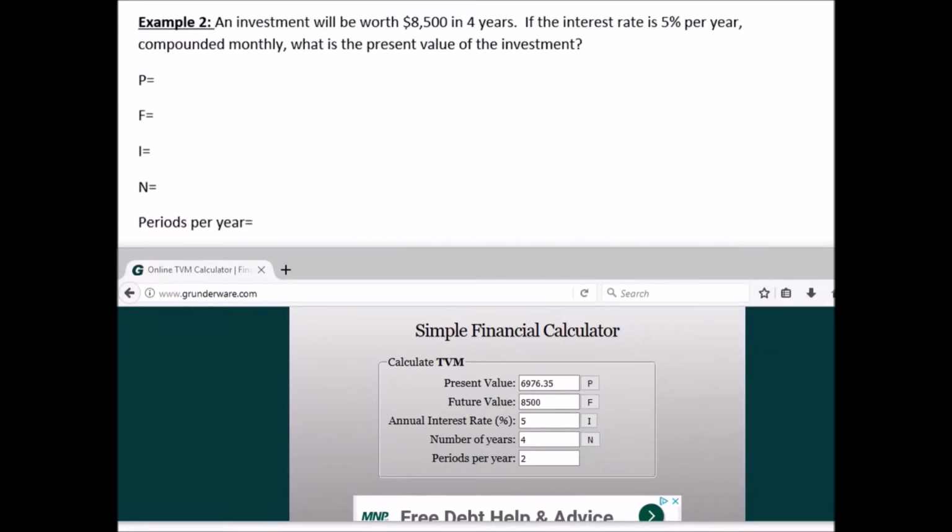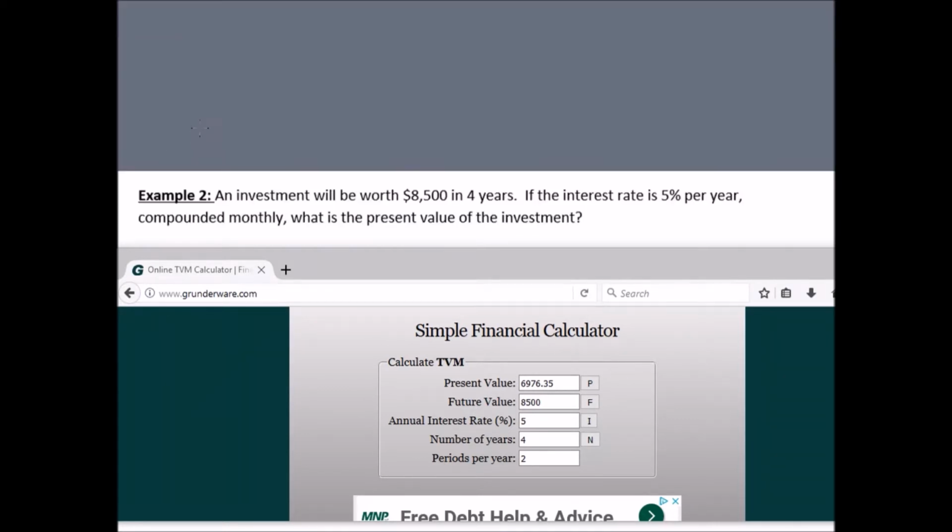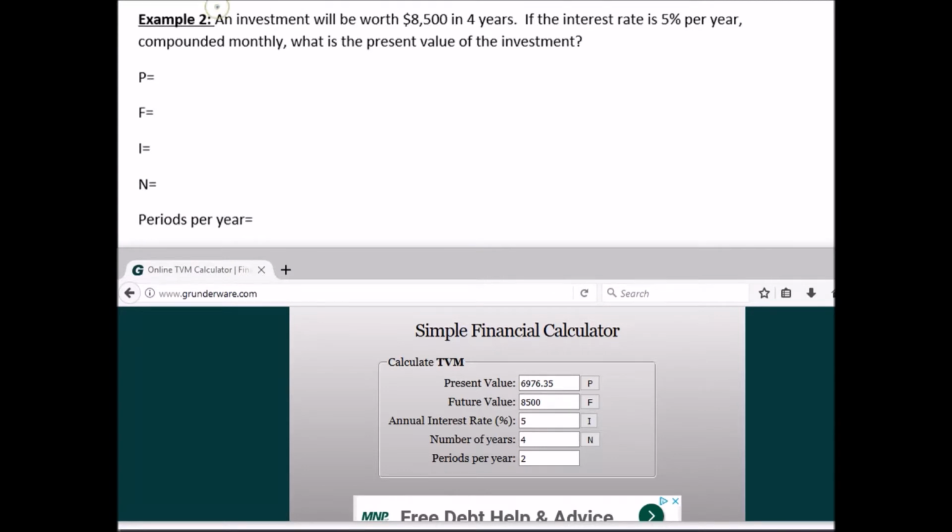All right, an investment will be worth $8,500 in 4 years. So if the interest rate is 5% per year, compounded monthly, what is the present value of this investment? So compounded monthly, that's 12 times a year. We're looking at 4 years, so n equals 4.